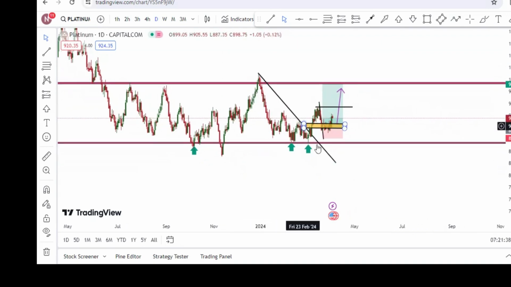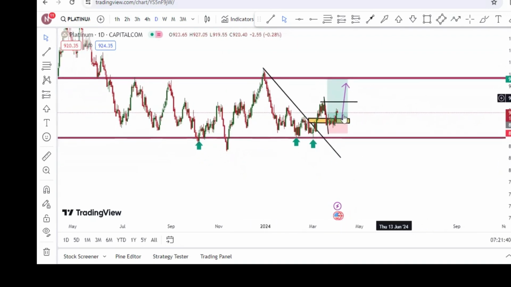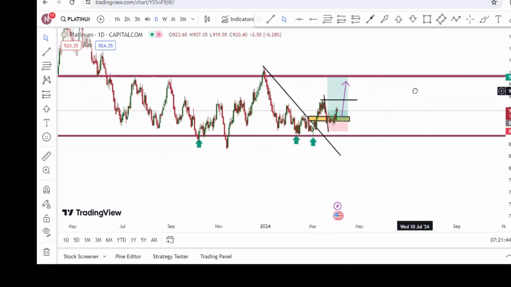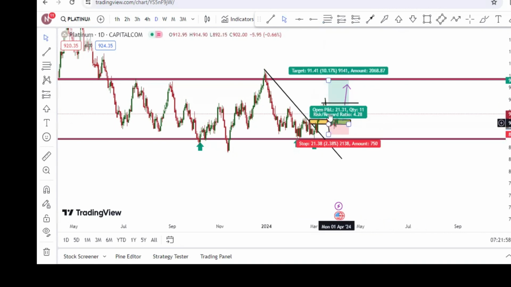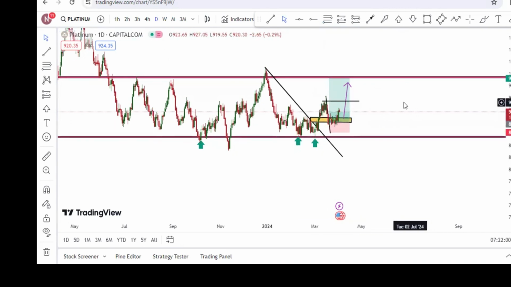I drew this counter trend line. After drawing this counter trend line, the market broke the counter trend line. After breaking the counter trend line, the market retraced to the 50, 60 Fibonacci level. As you can see, the market retraced well to my Fib level.